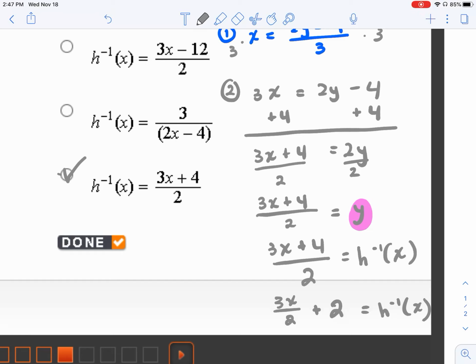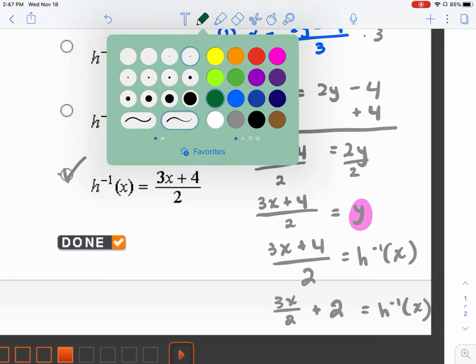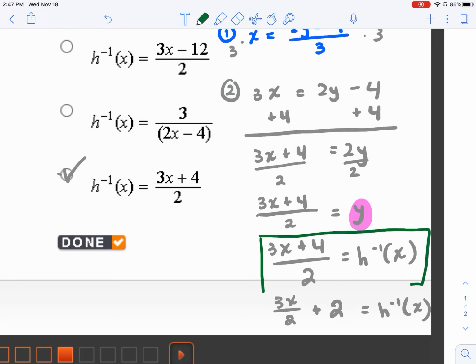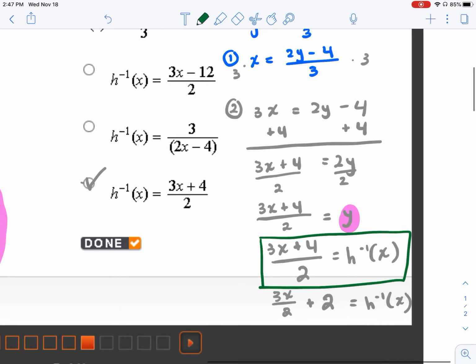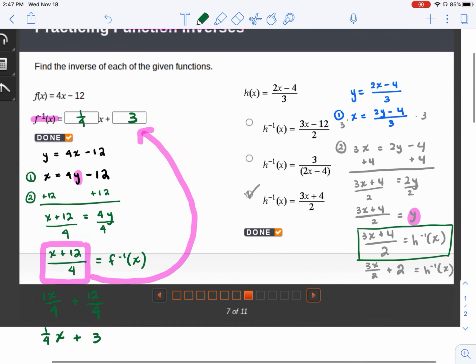They could have totally asked you to take that additional step, but by looking at this multiple choice, they just wanted you to stop here. And that's how you find the inverse of a function.